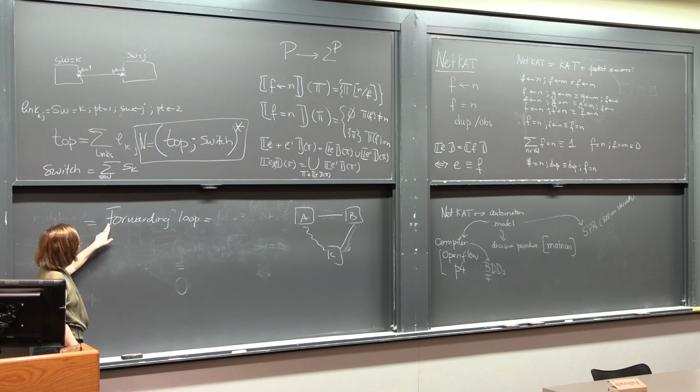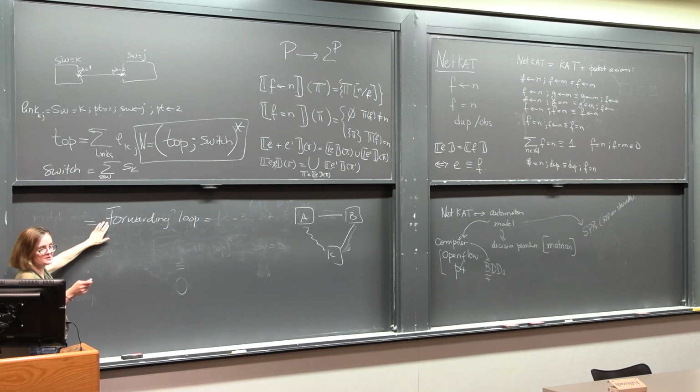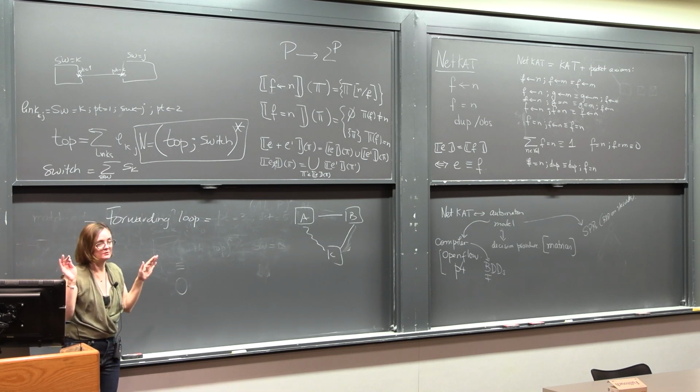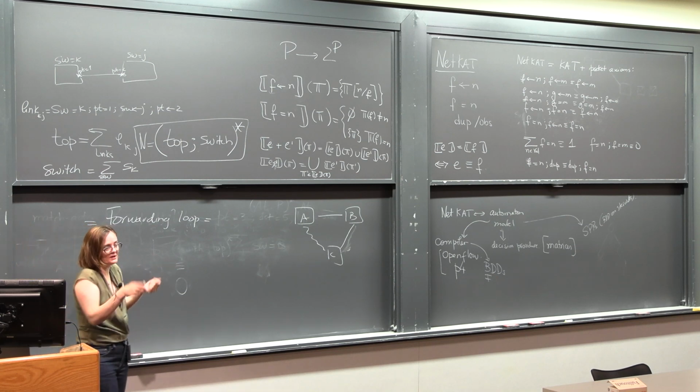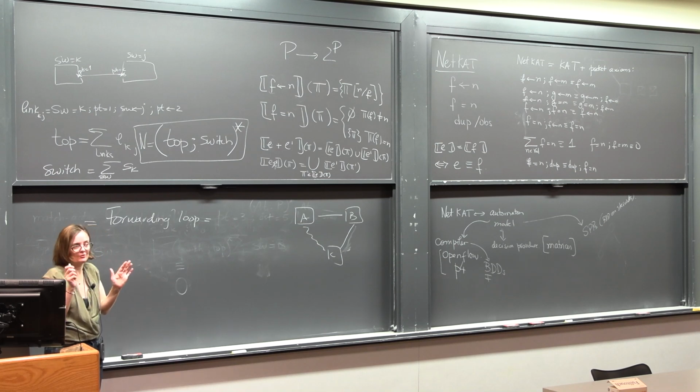And in practice, the way you stop a loop is basically by having a time to live field that keeps getting decreased. And when it reaches 0, the packet disappears from the world. Okay, so if it's going in a loop, at some point it will get dropped.